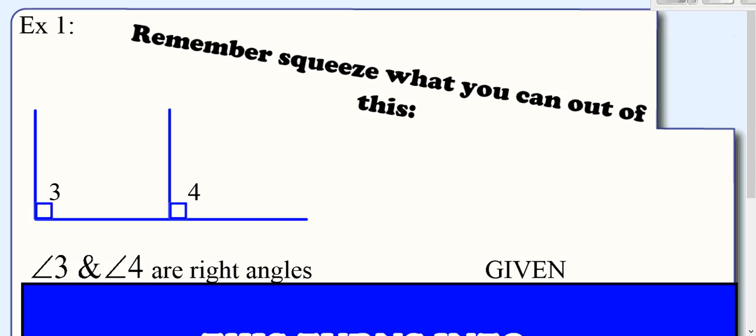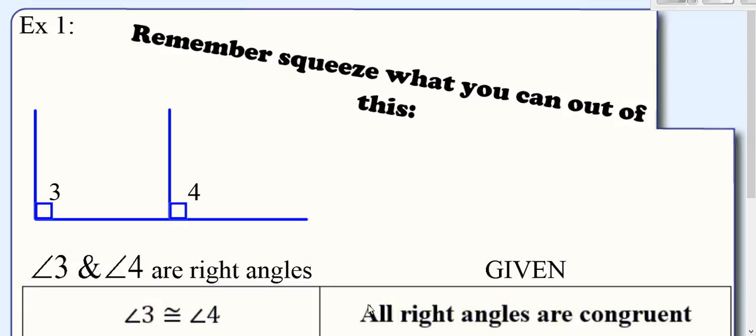So here's one example. We've got angle 3 and angle 4 are right angles. That's a given. But what else can we squeeze out of that? What other information do we know because of that? So we know they're going to be congruent to each other because we know all right angles are 90 degrees, so they're all equal, which means they're all congruent. All right angles are congruent.